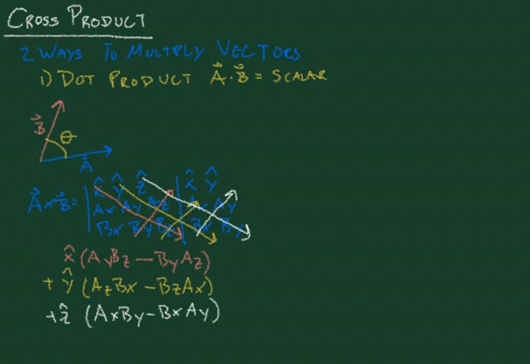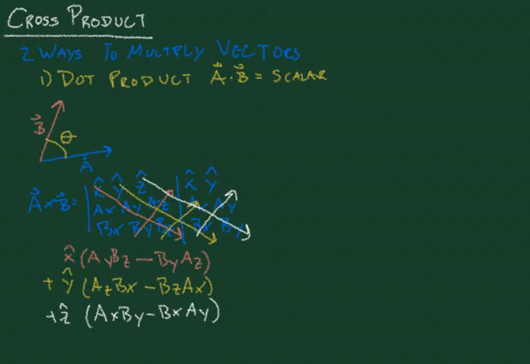So this is the formula for the cross product. Some people just choose to memorize this formula. I find it easier to write the determinant and to calculate the determinant of it. But however you remember it, that's up to you. And notice that this is a vector, and because this is a vector, it has to have a direction.